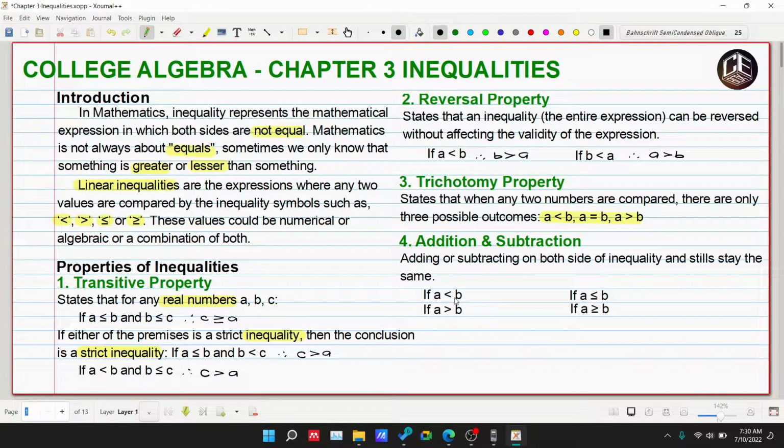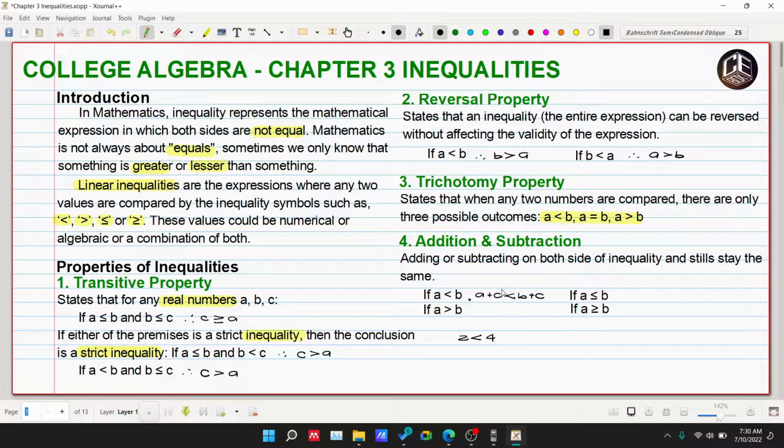Okay, so for example, if A is less than B, tapos nag-add tayo sa both terms ng number, let's say, A plus C is less than B plus C, parehas pa rin yung inequality natin. Bakit? For example, ang ating A is 2 and B is 4.